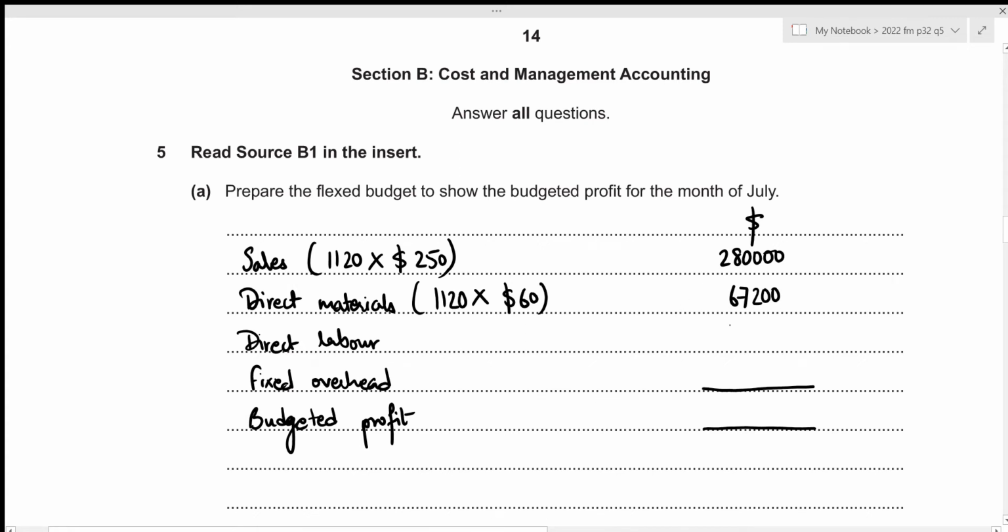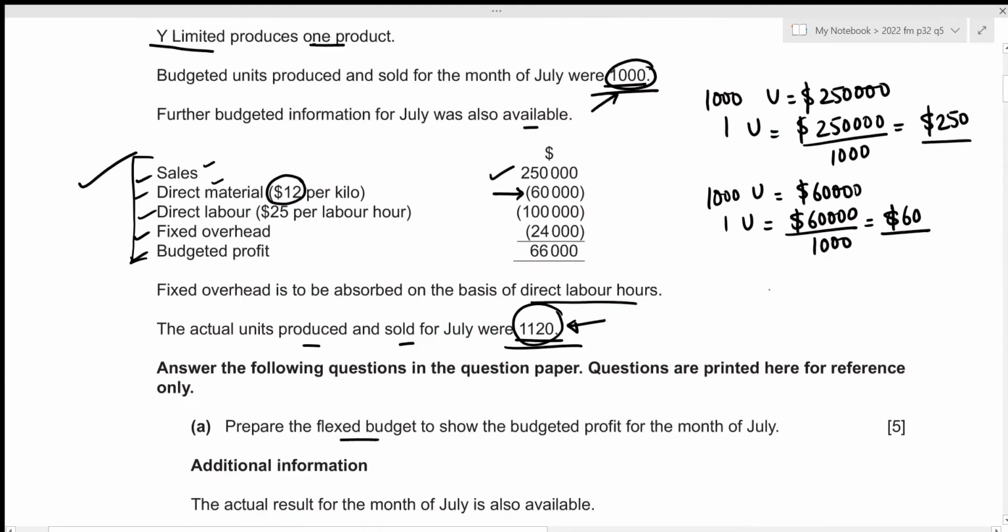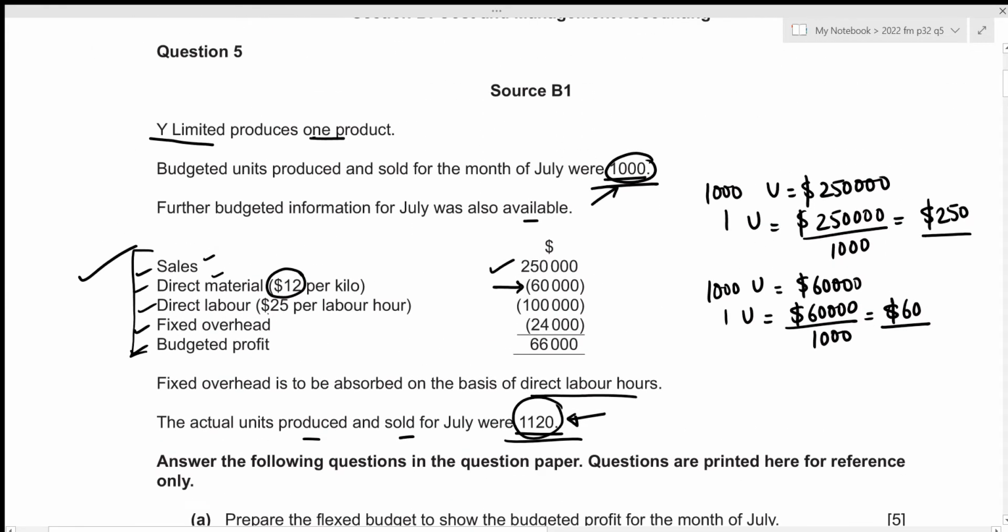And since direct materials is a cost which needs to be subtracted in order to figure out our budgeted profit, I'm just going to write it down in a bracket. Now the next step is direct labor. Again, we are told that the rate for direct labor is 25, and the total direct labor cost for 1,000 units is given to be 100,000. Again, let's utilize our unitary method. So for 1,000 units, it's given to be 100,000.